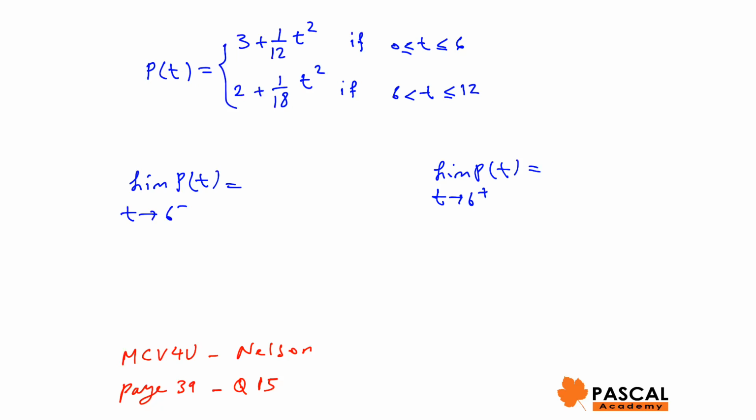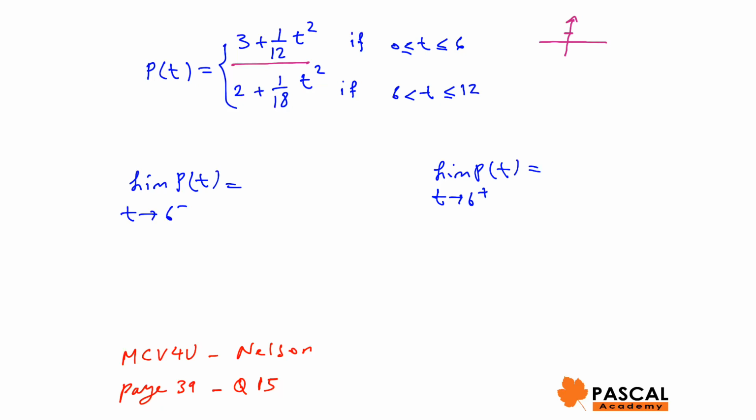To sketch the graph of P(t), we have to draw this parabola when t is between 0 and 6. T equal to 0 and 6 are included. The graph of the parabola, without considering the restriction, is a parabola upward.